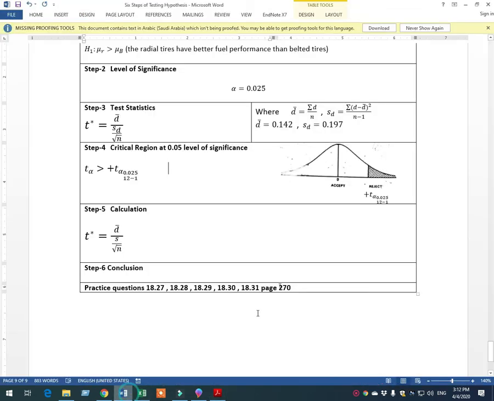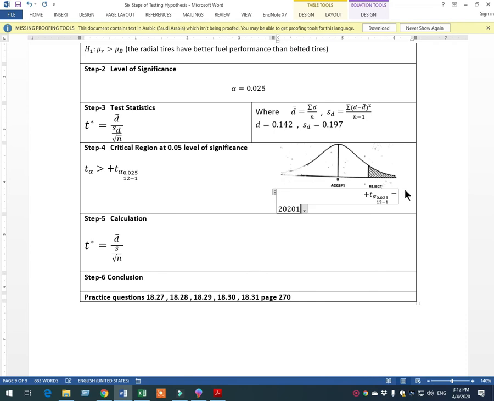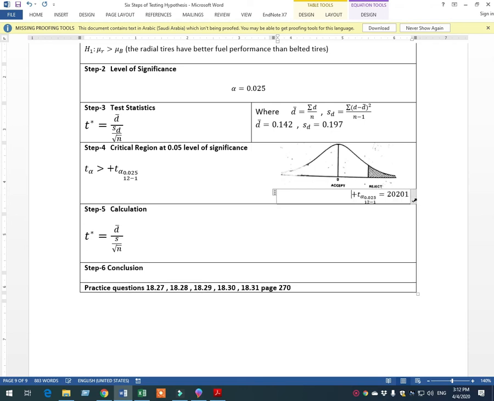So I'm taking this 2.201 here, so this is equal to 2.201 positively. 2.201.